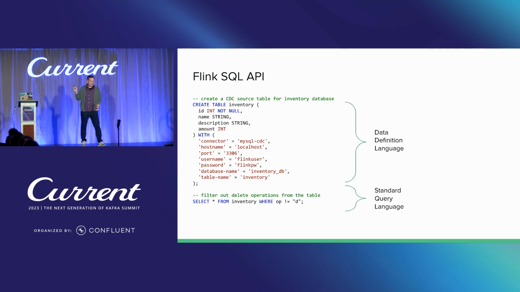I want to point out a potential point of confusion. Maybe it's intuitive, but I think it's weird. When you have a CREATE TABLE inventory in Flink DDL, you're not creating a new table. You're just configuring a connector that connects to some existing physical table.